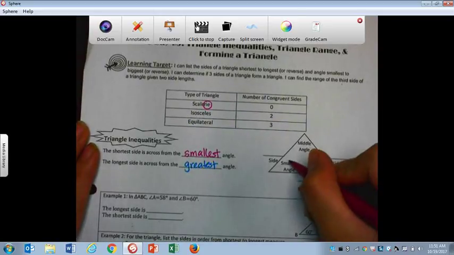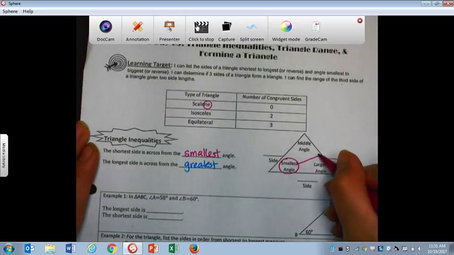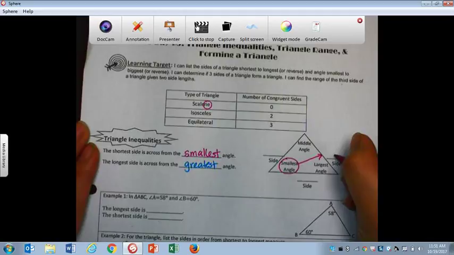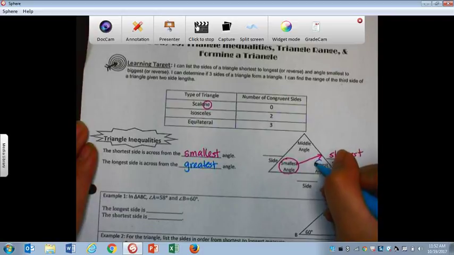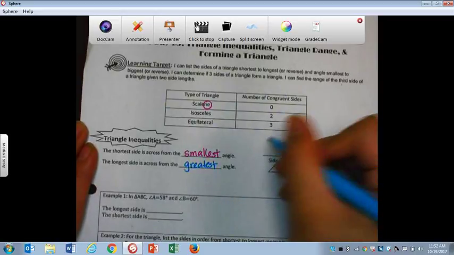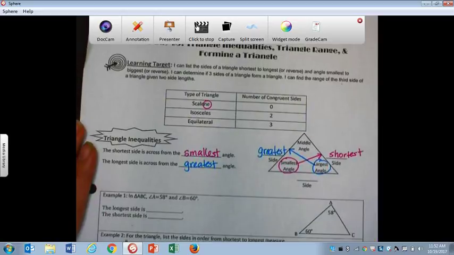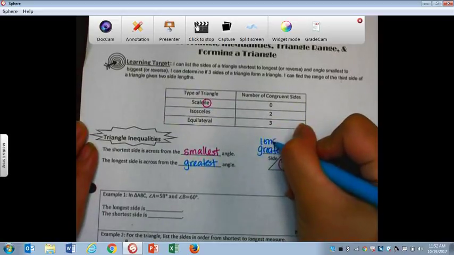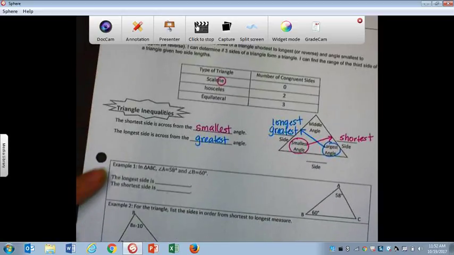If this is the smallest angle, you could draw a shooting arrow to the shortest side. And vice versa, you could circle the largest angle and then draw a shooting arrow to the greatest side, or the longest side. Let's call that longest.